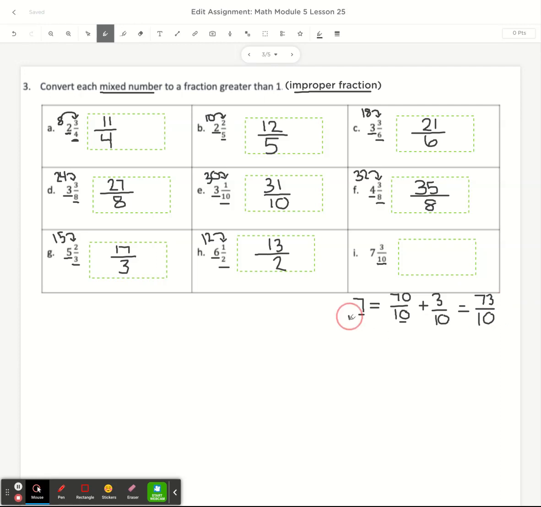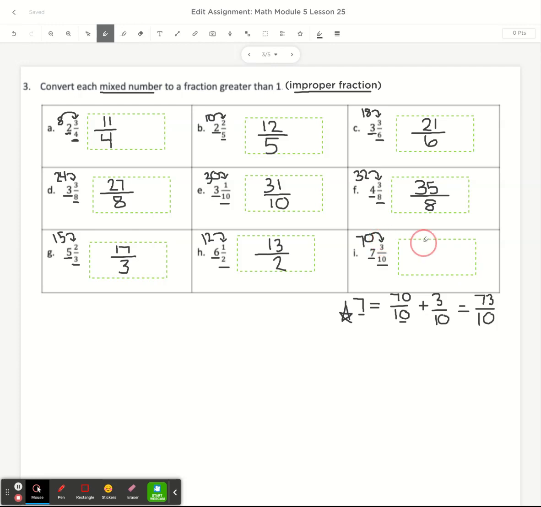This method, how we just did it right here, is exactly what we did on slide 2. It's very, very similar. What I was doing in A, B, C, D, E, F, G, and H was basically just a shortened version of it. And I'll do that again for part I. The way that we have been doing it on slide 3 is we just take that whole number, multiply it times the denominator, so 7 times 10, which is equal to 70, and then we just add it to our numerator.